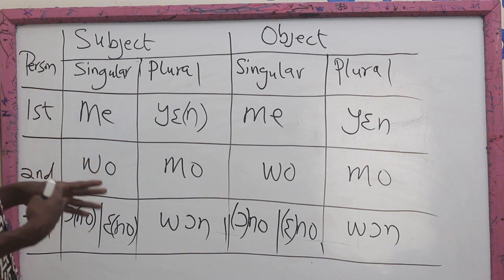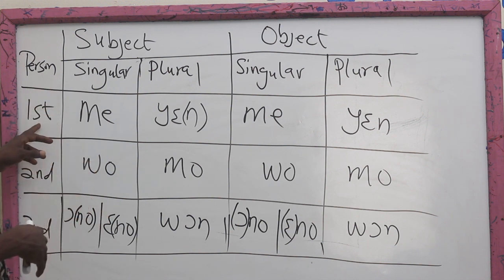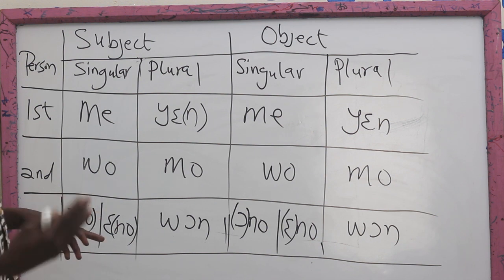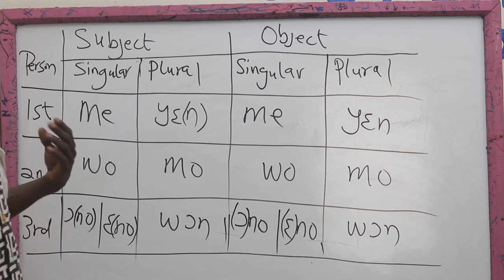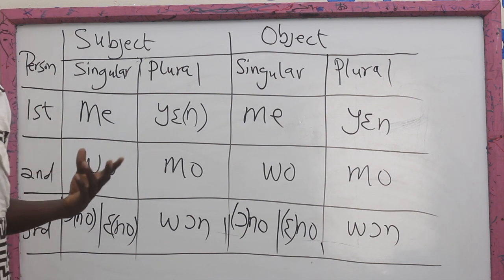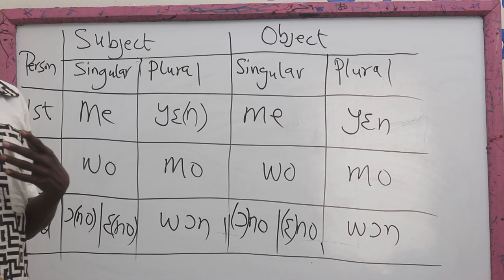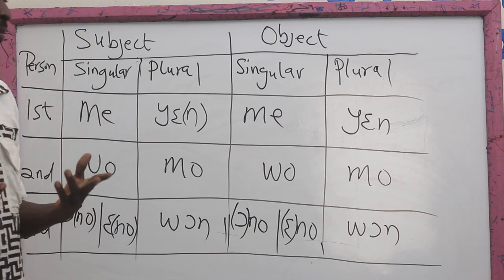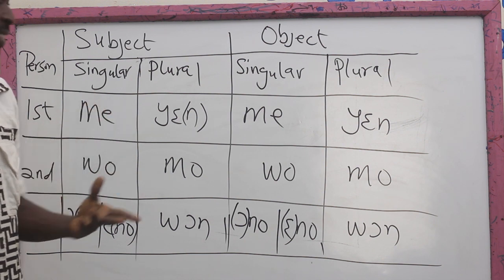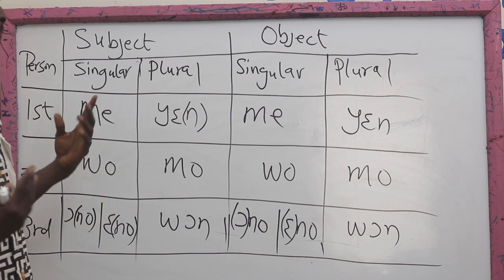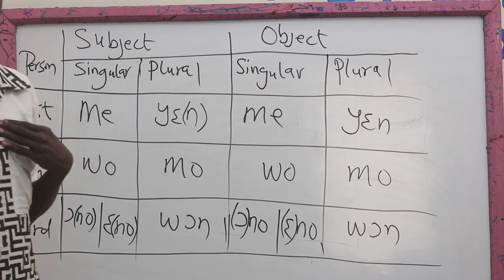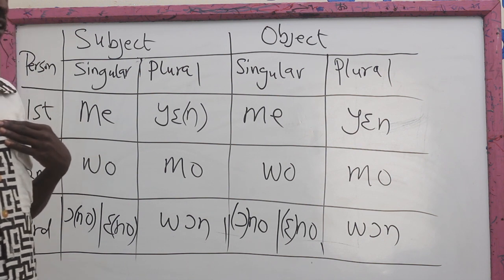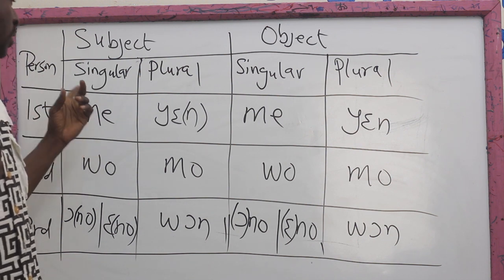So we have the persons. We have first person, second person, and third person. As I said earlier, the first person is the person speaking, or the person introducing the conversation, or the person who is actually saying something. So the first person, in singular, will be me. That is for the subject.